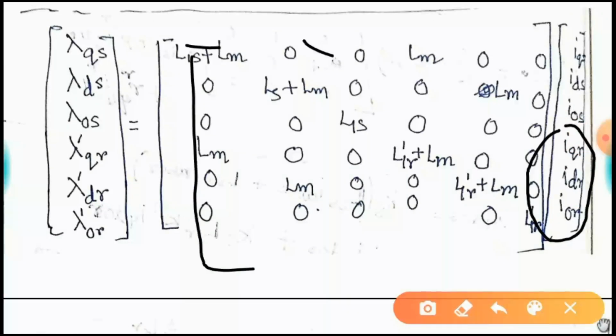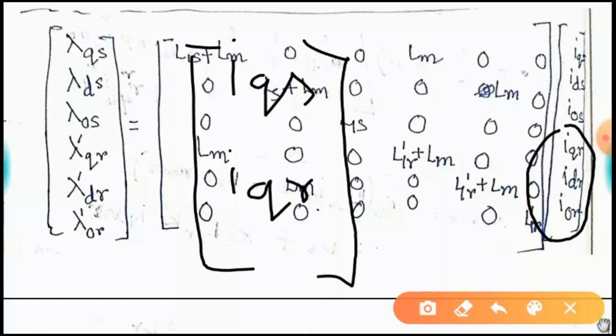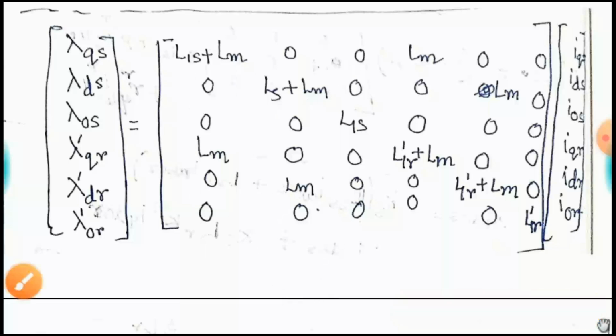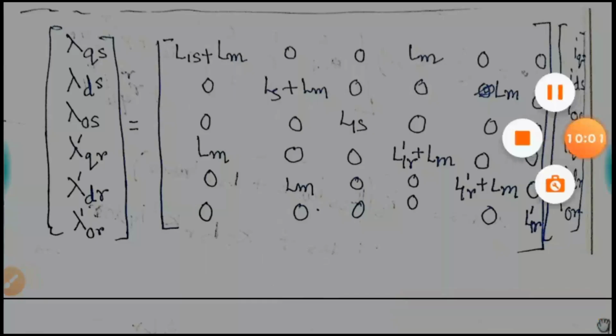The first three terms will be IQS, IDS, I not S, and the last three terms will be IQR dash, IDR dash, I not R dash, right? Here I have missed the dash.